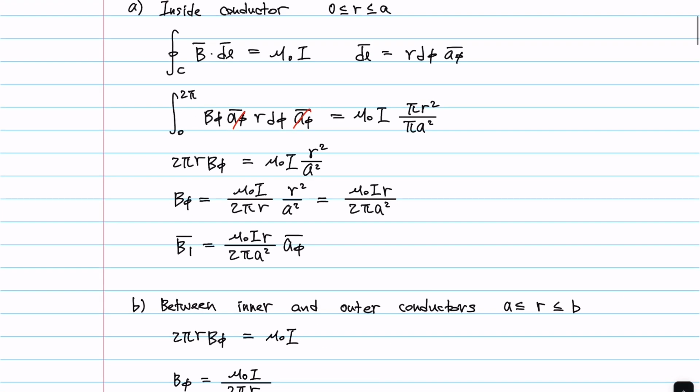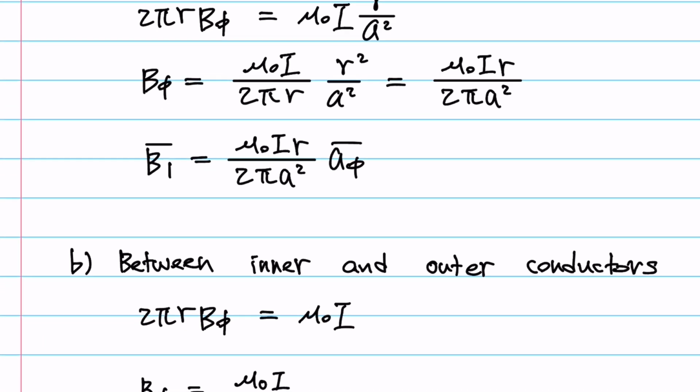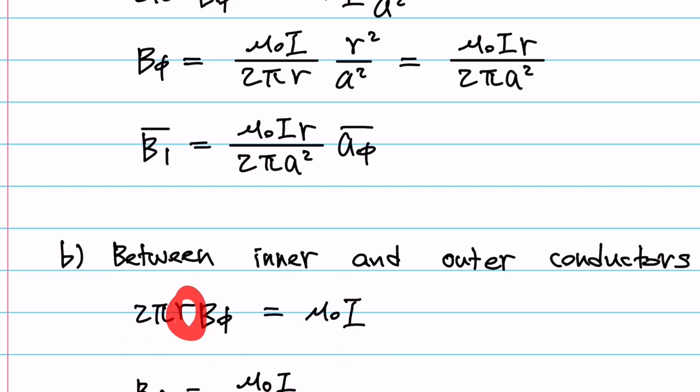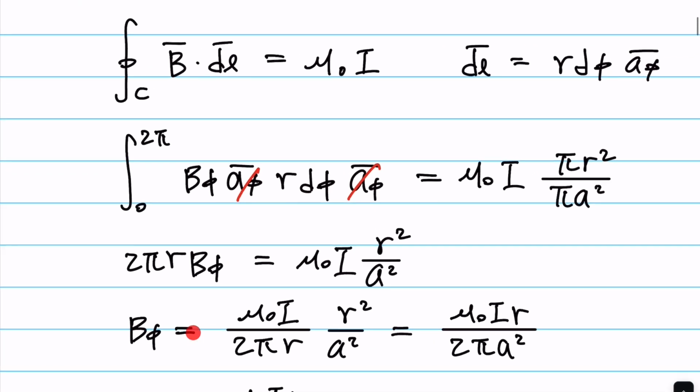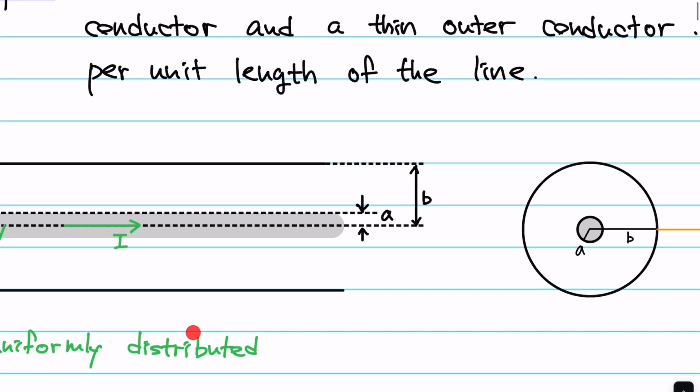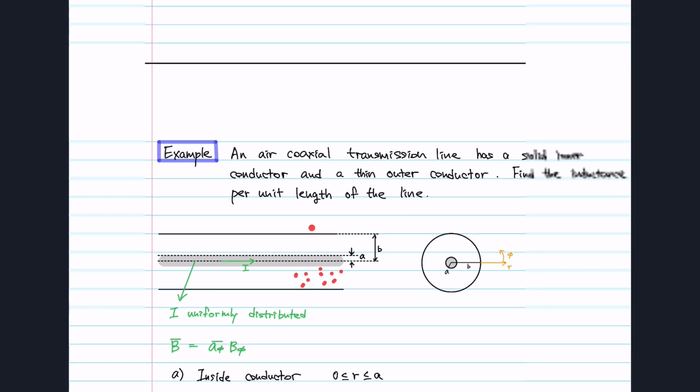If you look at this, the equation is exactly the same, except that the current is just fixed, because if you apply the contour over here at this white space between a and b, then regardless of what the r is, the amount of total current is already total, right? The amount of current is still I, regardless of where you're measuring in this white space.